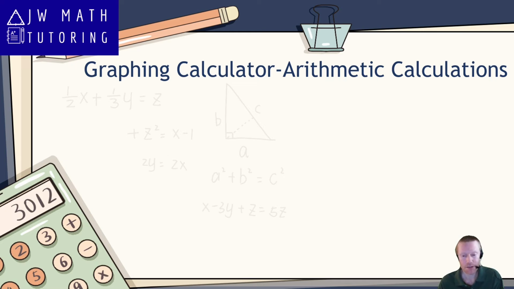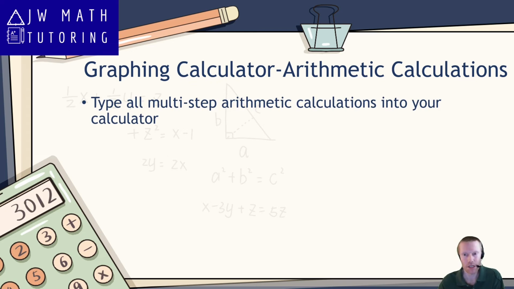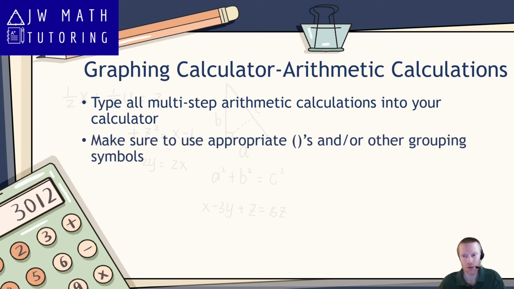Obviously, if there's a very basic thing that you can do in your head, like 5 squared, or the square root of 16, you don't need to spend time punching that into the calculator. But anything that has multiple steps, you definitely want to type into the calculator and ideally put it all on one line, making sure that you use the appropriate parentheses or other grouping symbols as needed.